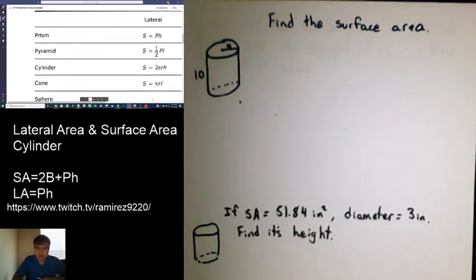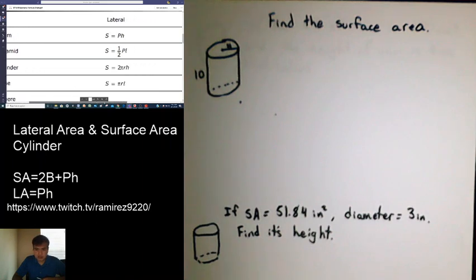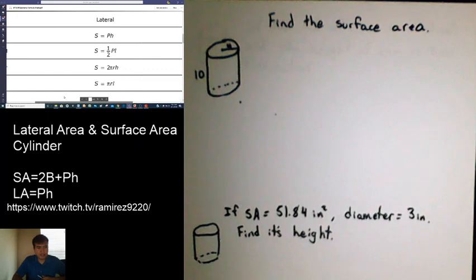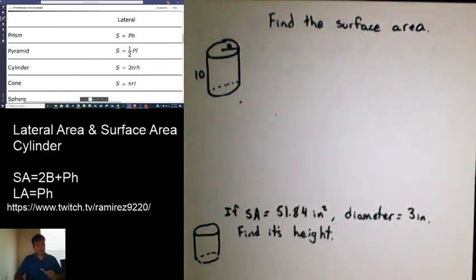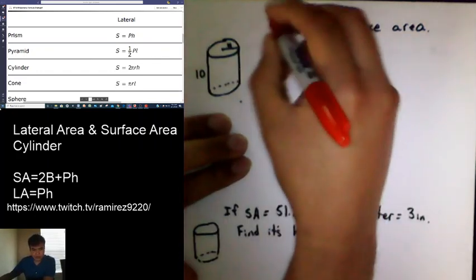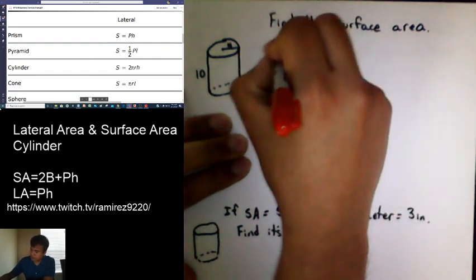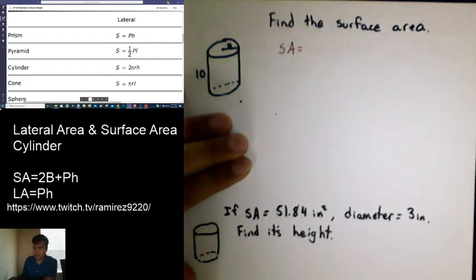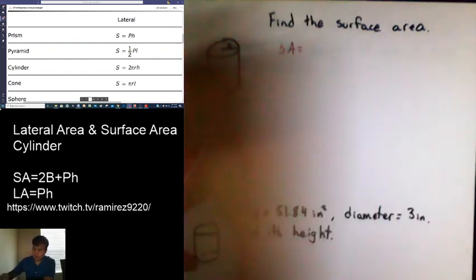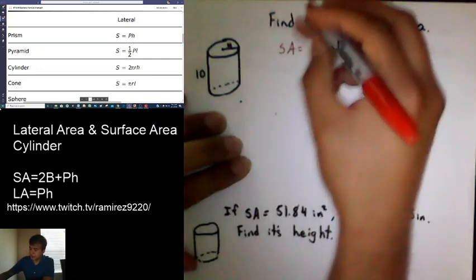Notice how lateral is actually 2 pi RH, and the total is 2 pi RH plus 2 pi R squared. Okay, let me talk about how they get those formulas first. So again, according to our formula sheet, the total surface area can be calculated by doing, and I'm going to give you the raw formula, not this one that's provided here.